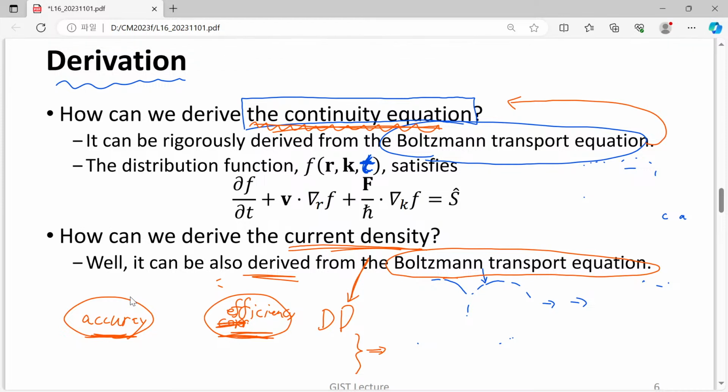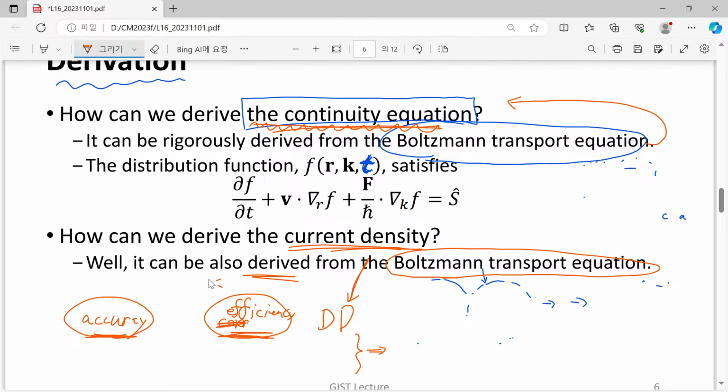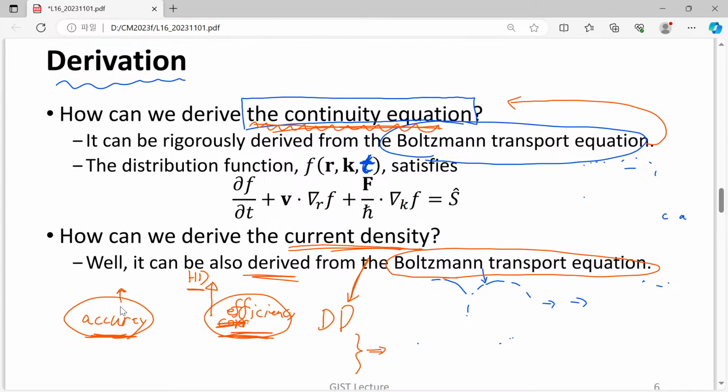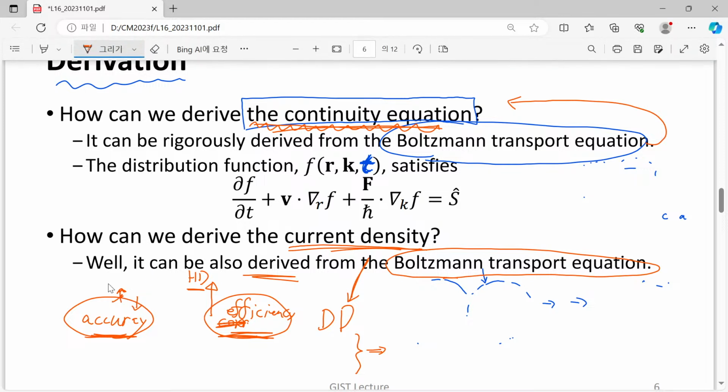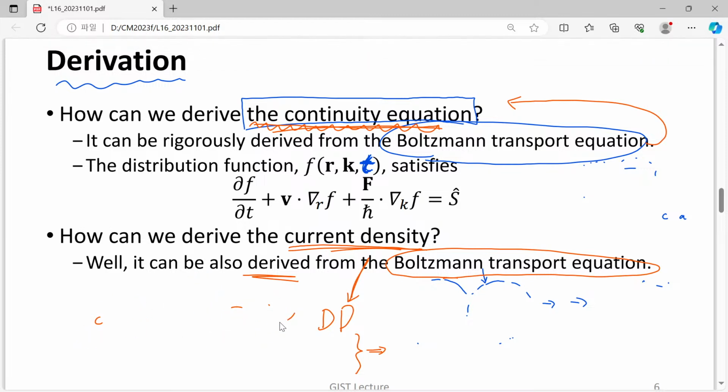That is quite understandable. However, the point is, if you spend more effort on these advanced models, the improvement of the accuracy is sometimes not that much, or sometimes it is going worse. That's the reason why right now people don't actively use these advanced transport models.